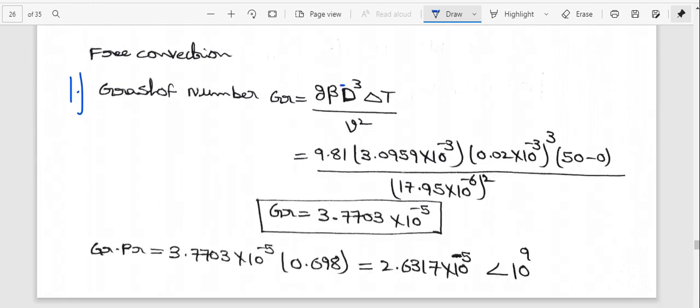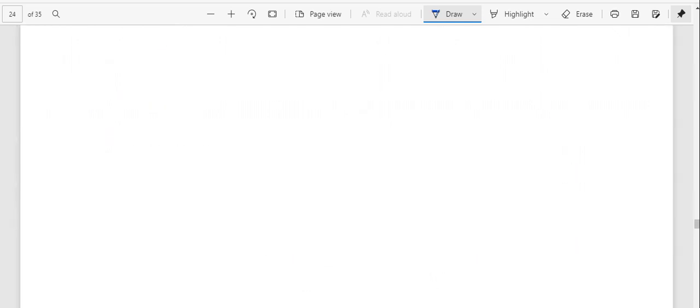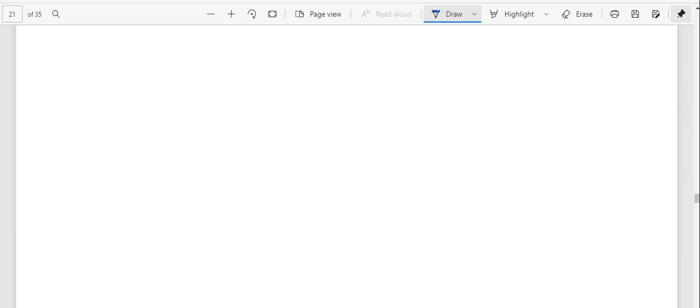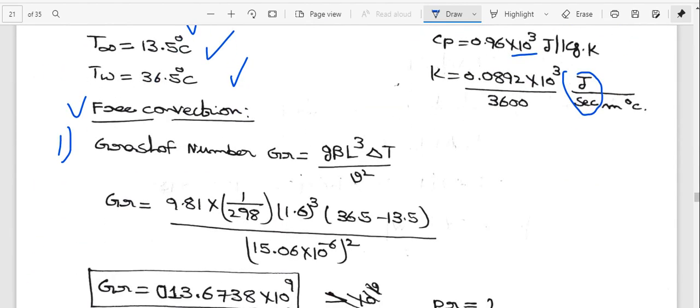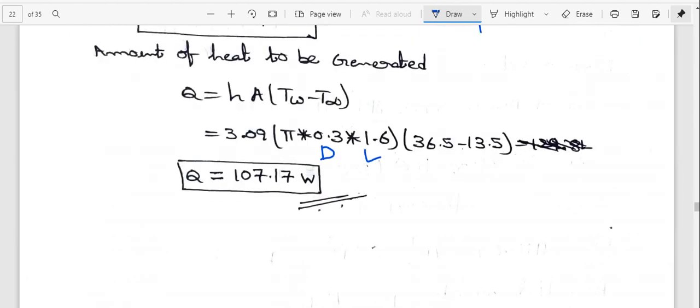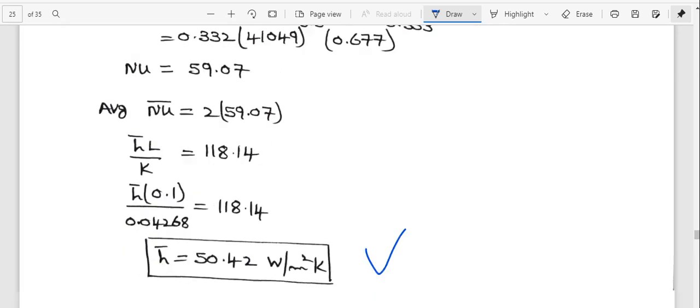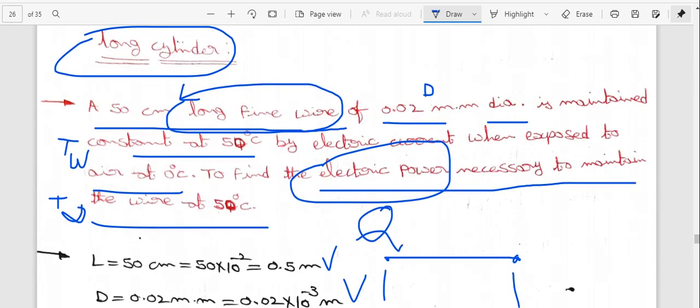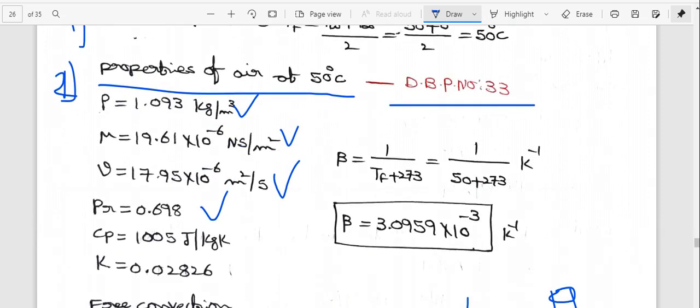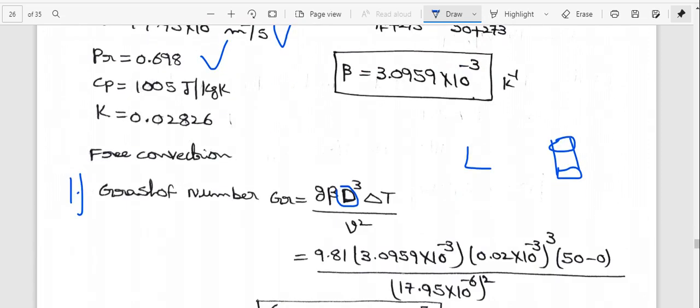We need to consider the diameter value because in the previous problems I considered the length value for flat plates, and again the length value for cylinders. But in this long cylinder question, we need to consider x equal to diameter.